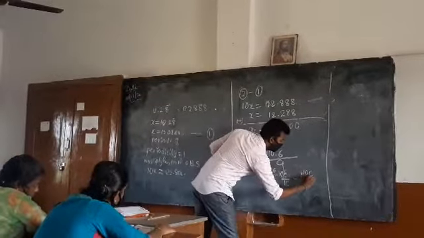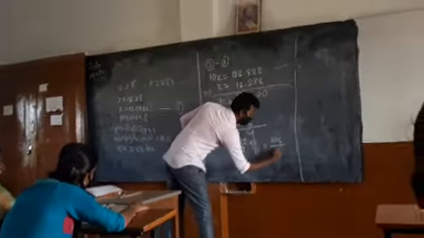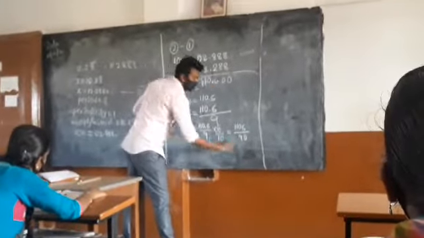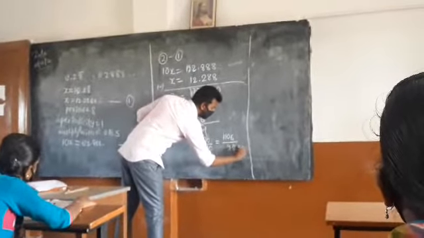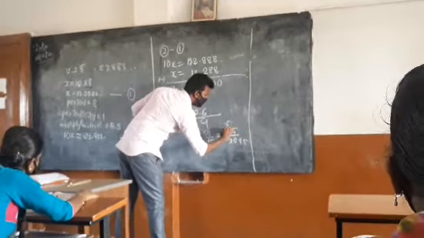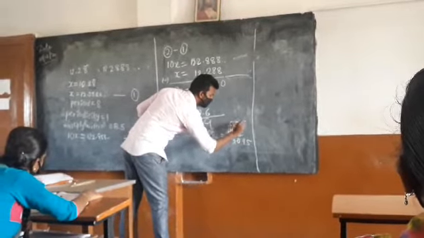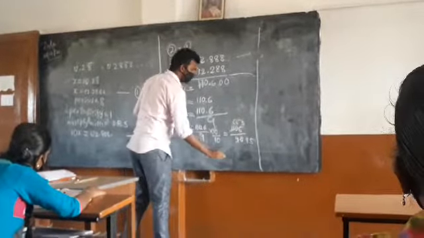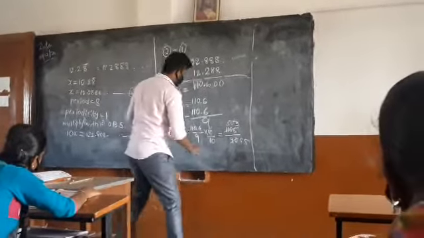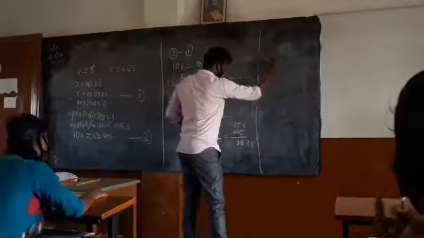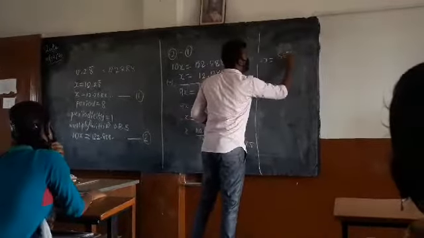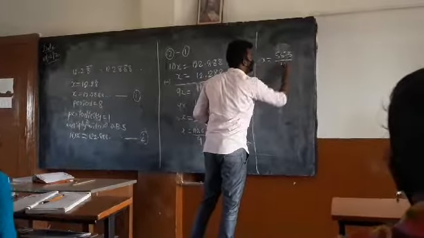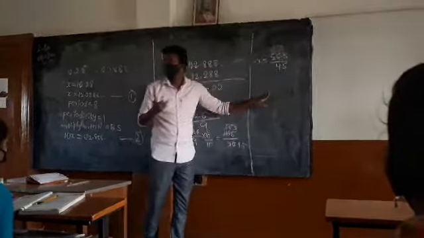So what will it become? 1106 divided by 90. 2 45s, 5s, 3. So x equals 553 divided by 45. You cannot simplify it further.